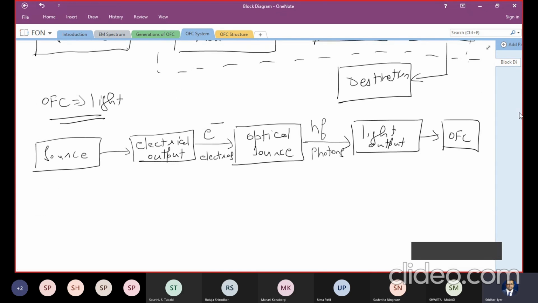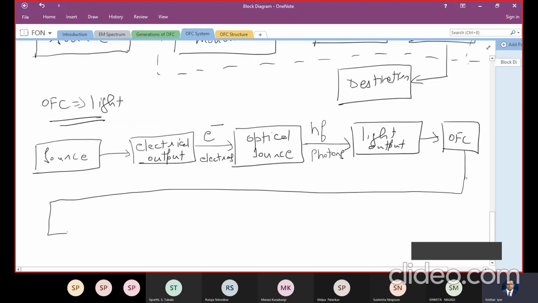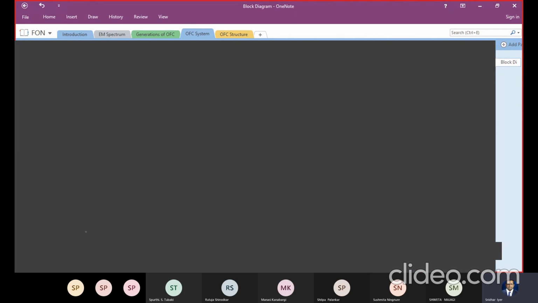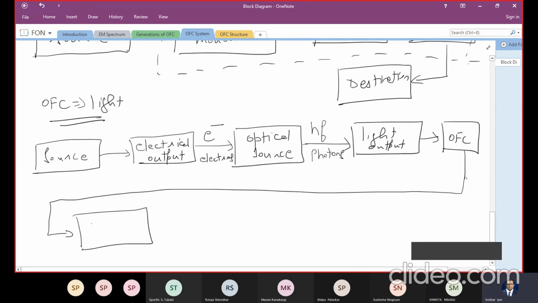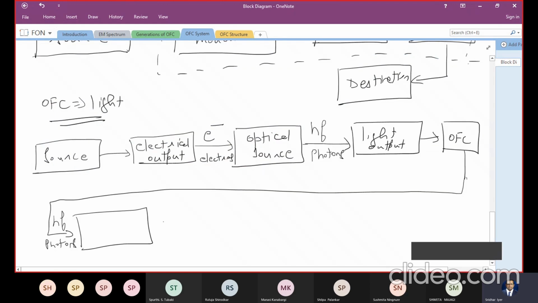So now we take the output from the OFC, the cable, and we come here. Now the input which you have to this particular block here is light, that is, this is HF, it is photons. Why? Because the output from the OFC is only going to be light.